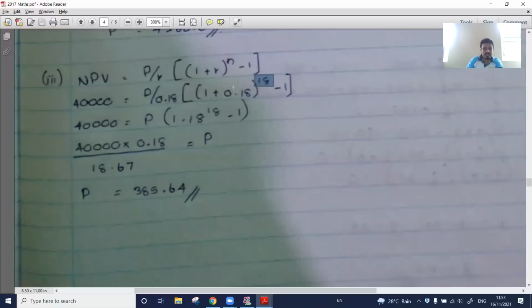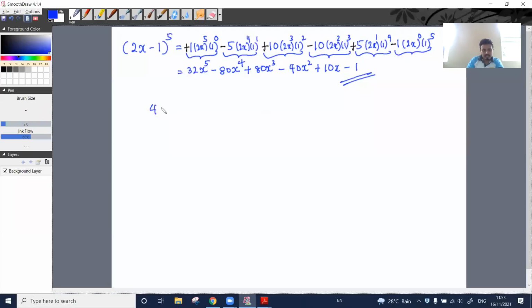There is a mismatch. So this is wrong. So what should be the correct answer? Take it here. 40,000 should be equals to, right, 0.18 over 12.